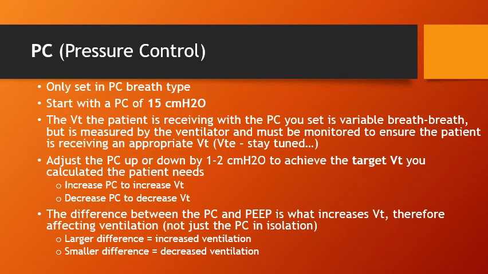So the tidal volume that we're going to get is going to be about identical, because even though we increased the pressure control, because we also increased the PEEP, the difference between those two numbers stays the same, and so we're not going to get an increased tidal volume, and therefore our ventilation is not really going to be affected.